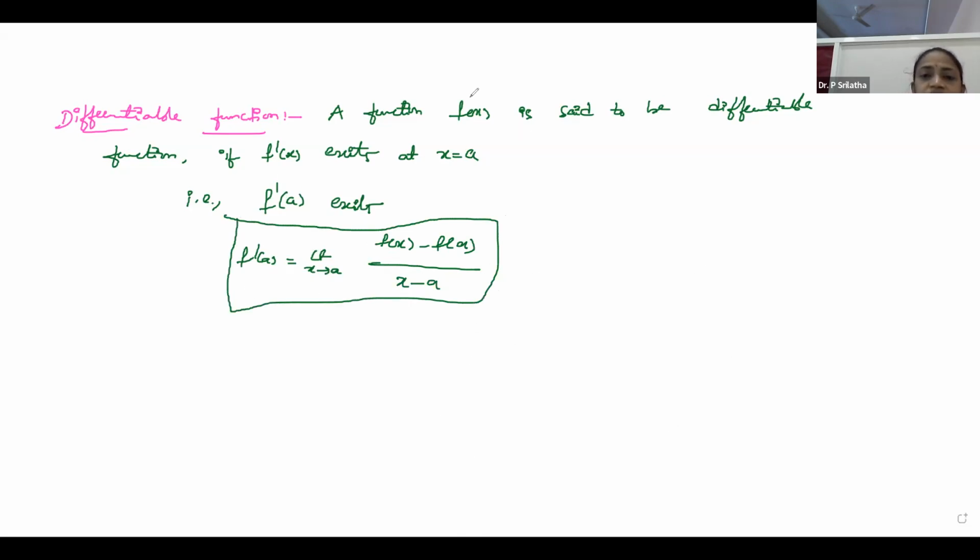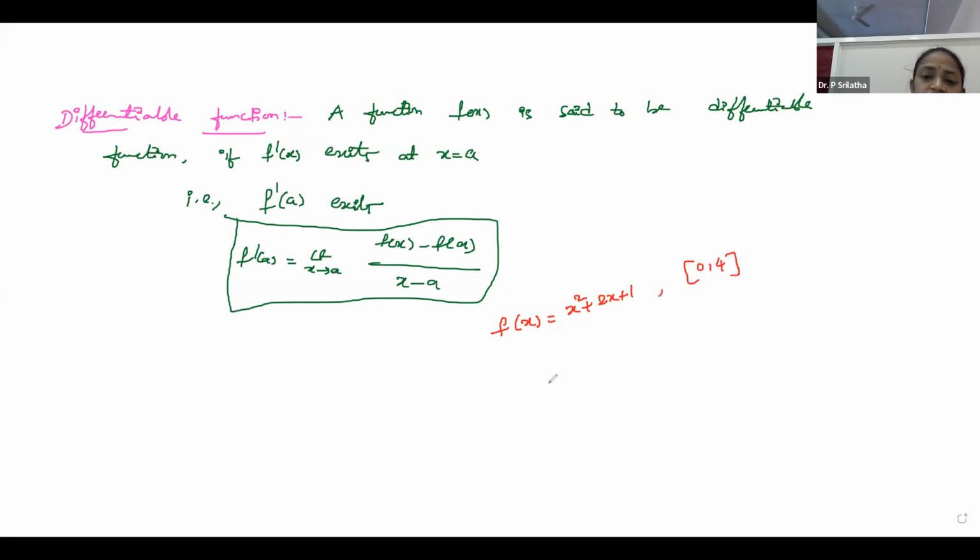Listen, all of you, carefully. I will give you three questions. Can you tell me whether the given function is differentiable or not? First question: f of x equals x square plus 2x plus 1, with limits 0, 4.